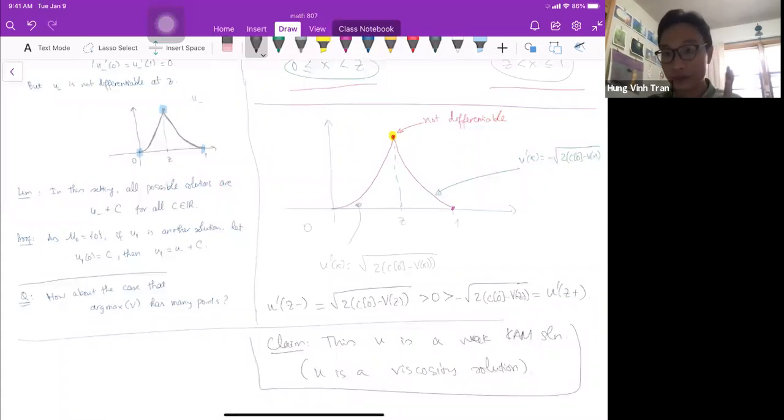And this is remarkable, but also troublesome. It's troublesome because it tells us that the weak KM solution, or the viscosity solution, is not differentiable everywhere, right? It's not C1, of course not C2 or so.